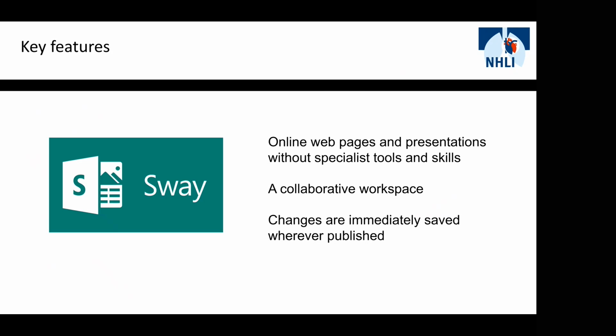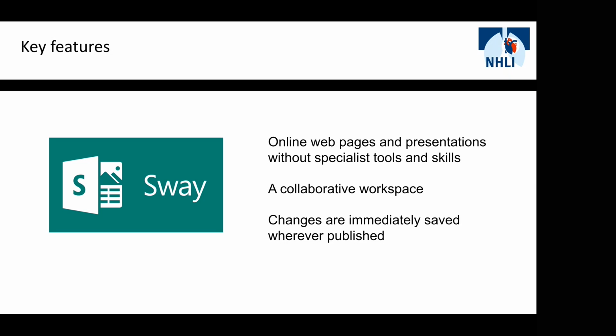Then we have Articulate Rise, which is fantastic for presenting text, images, video content, and various web URLs. It also has some useful quizzing capabilities. Sway would come below the two because it doesn't have the quizzing functionality and capability.